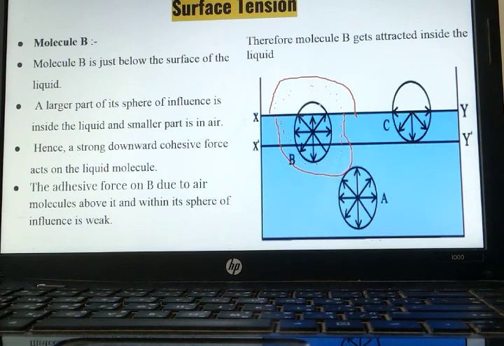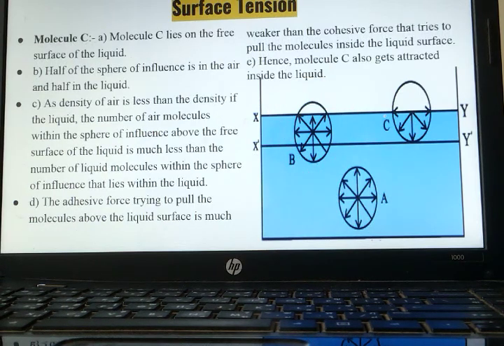The intermolecular distance in air is far greater than in the liquid, so they are widely separated. So molecule B will ultimately move downwards due to cohesive force.